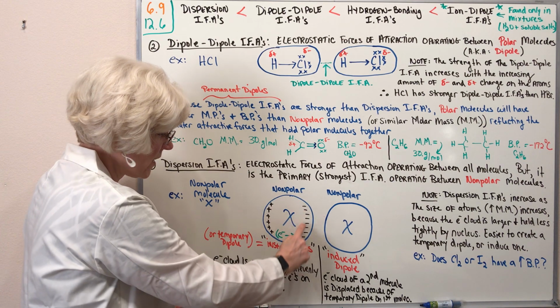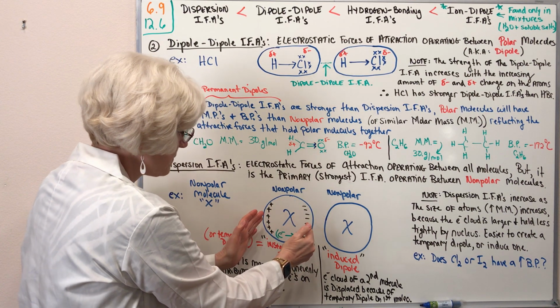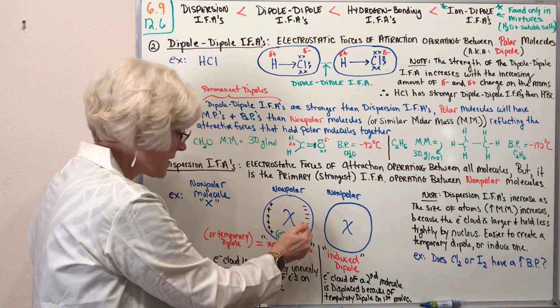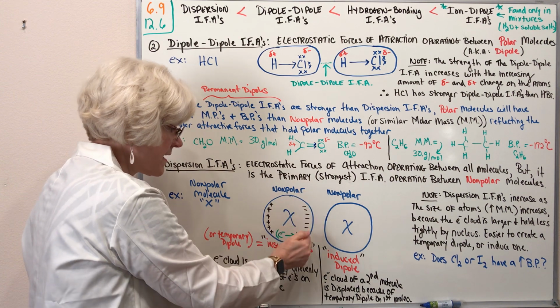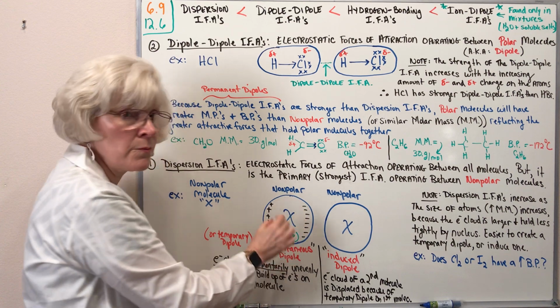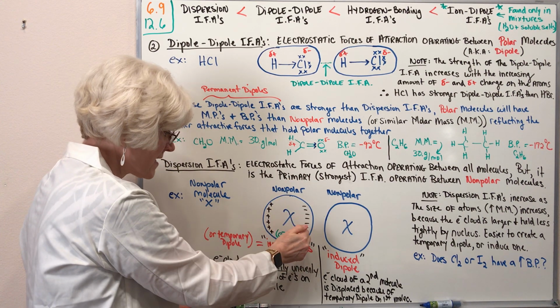And that's what I'm trying to show here. I'm trying to show with this first nonpolar molecule X that the electron cloud has been unevenly distributed and there's a buildup of electron density on this end of the molecule, hence these multiple negative signs, meaning more electron density here.